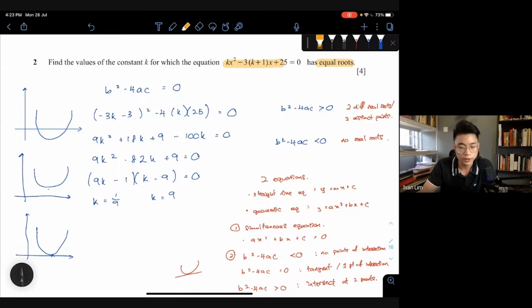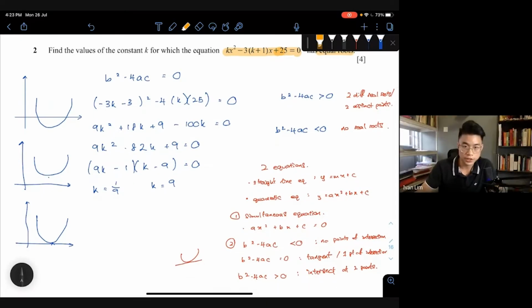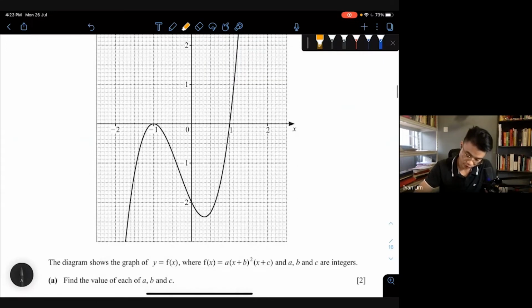Whether it's k, or a, b, c, they'll use some unknown character for you all to solve, and that unknown value is a constant. Got it? Any question here? All good? All right, let's move on to the third question.